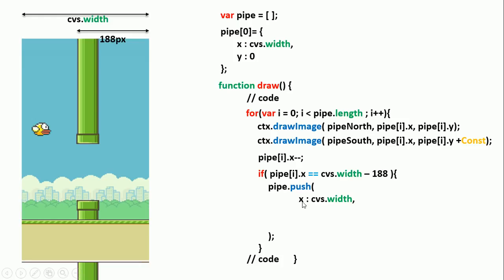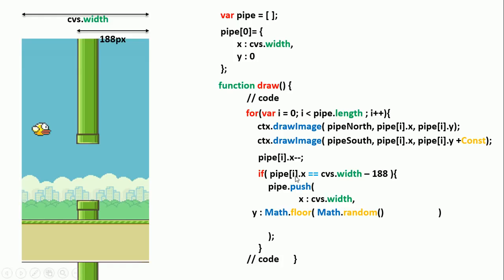Again, we will say x is canvas.width, so we'll create our pipe just right here, and then we have to set a new Y position. To set different Y positions here, we need to use the random function. So we will use Math.random and Math.floor. Math.random will give us a number between 0 and 1, and Math.floor will return an integer.